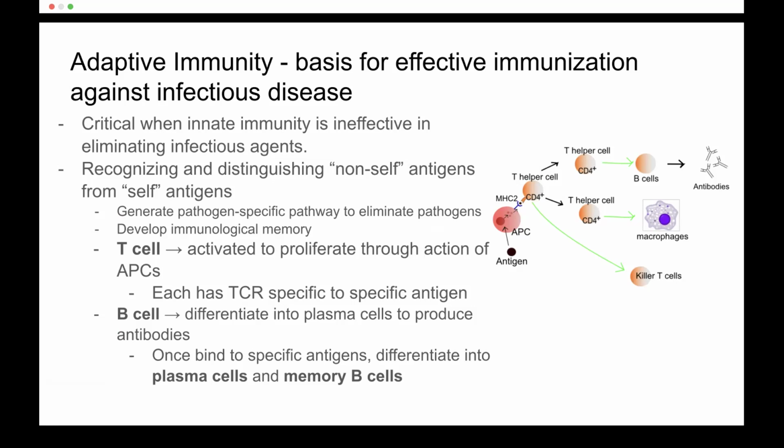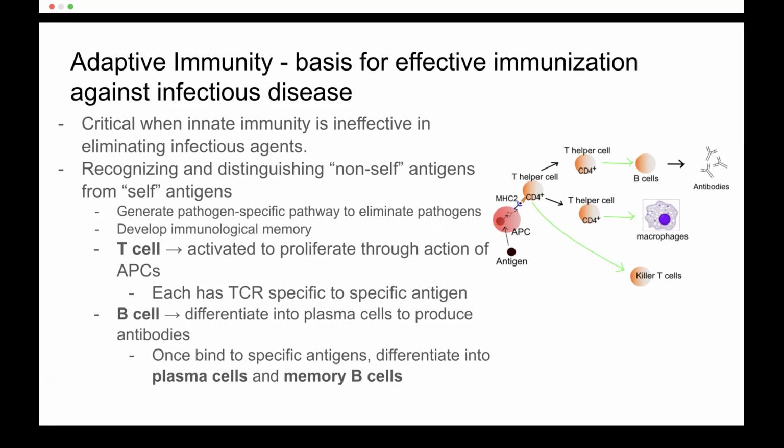What adaptive immunity does is recognize and distinguish non-self antigens from self antigens. So it will activate the pathogen-specific pathways to eliminate pathogens, and it will also develop immunological memory. So that's the rationale we utilize to make vaccines.